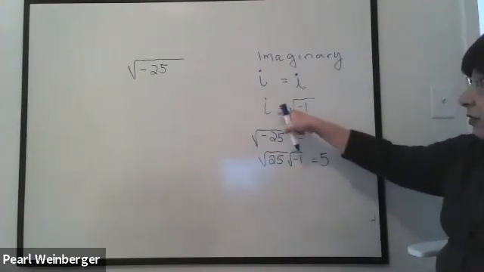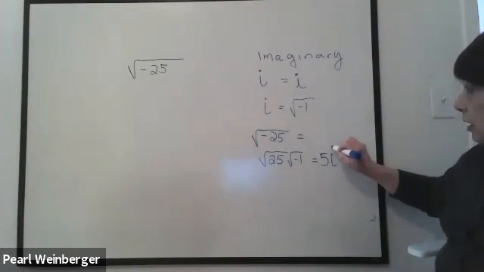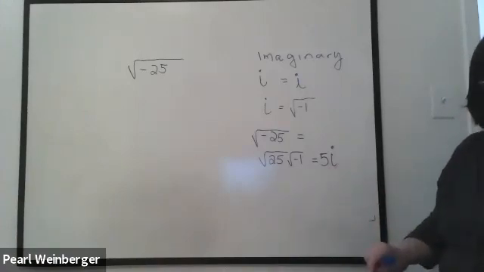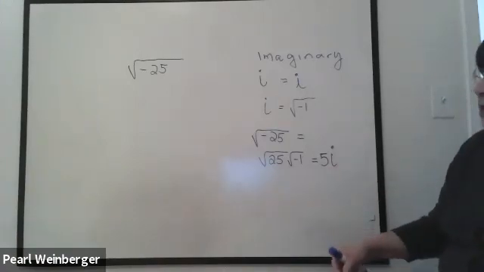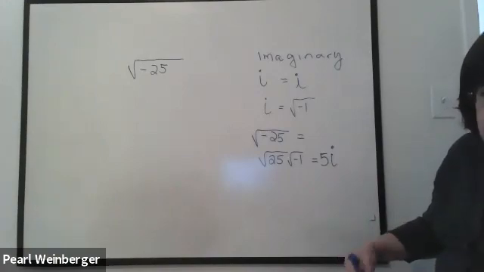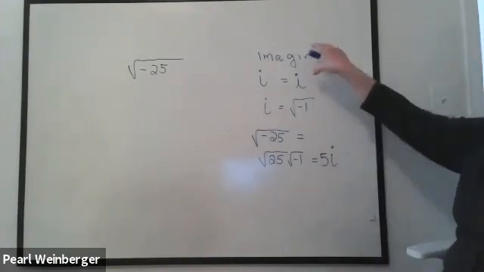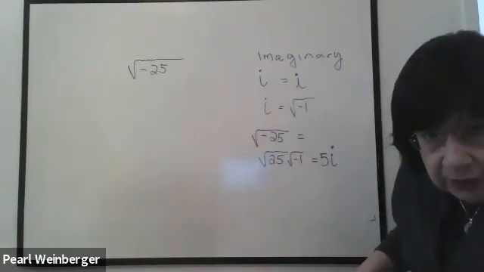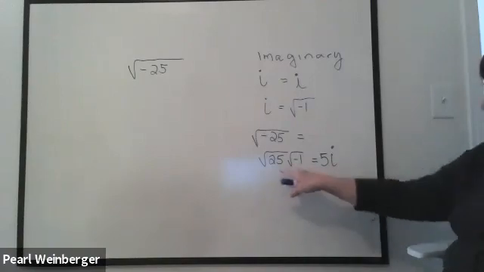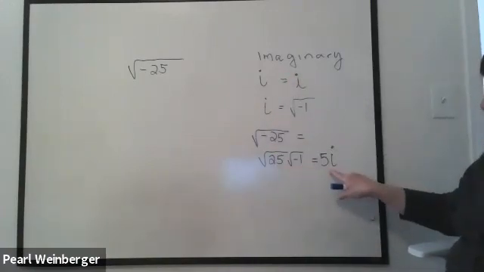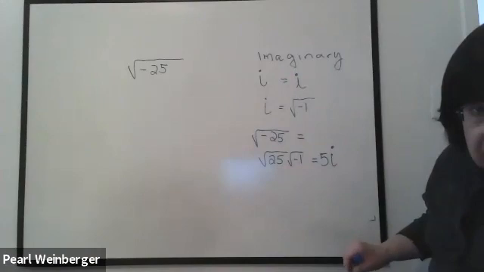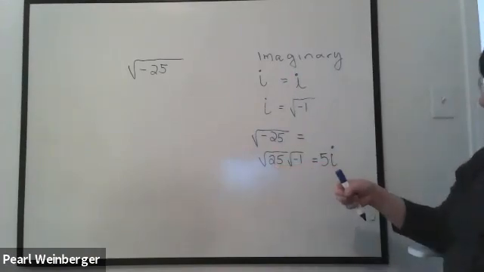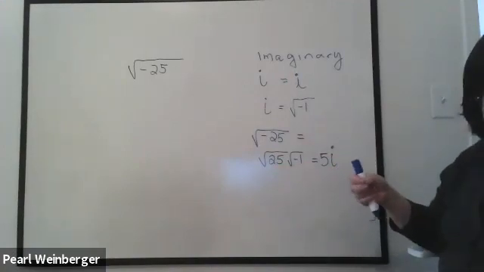And the square root of negative 1 is our new number i, so that we can talk about the square root of negative 25 as 5i. Obviously, this is not in the real number system because there are no i's in the real number system. But in the imaginary number system, you get this 5i, and yes, you must put in the i, because if you don't, it'll look like your answer is 5, and the square root of negative 25 is not 5.